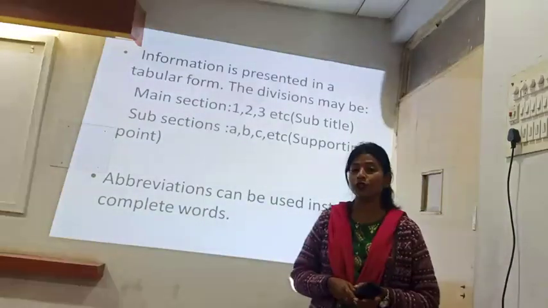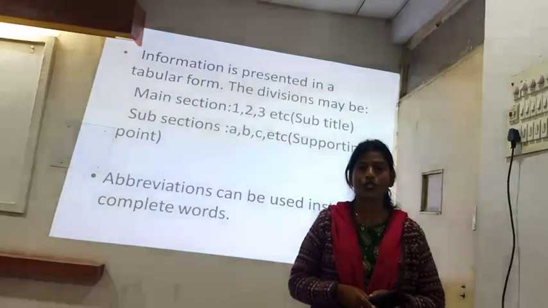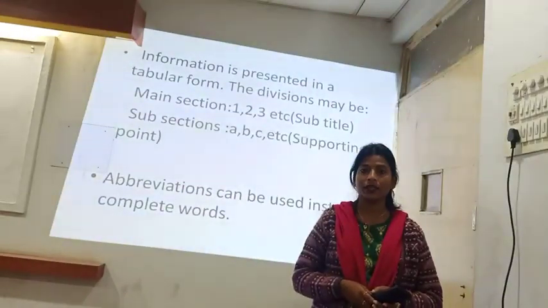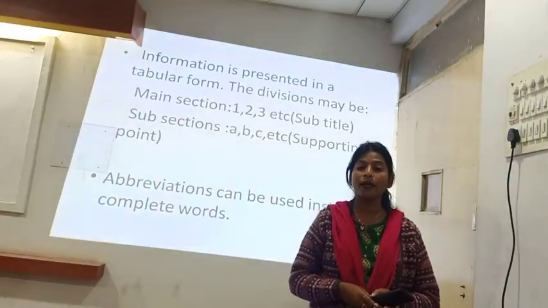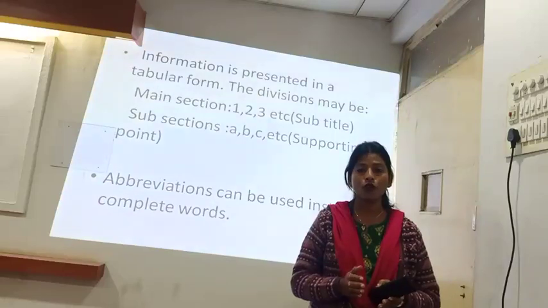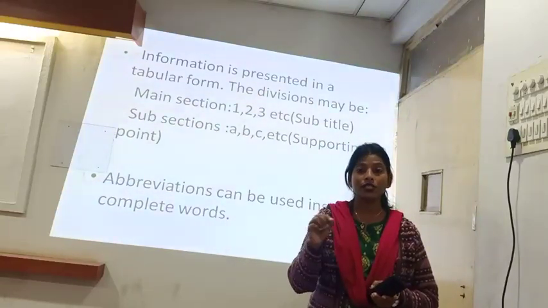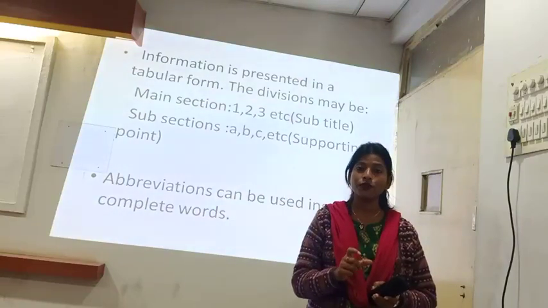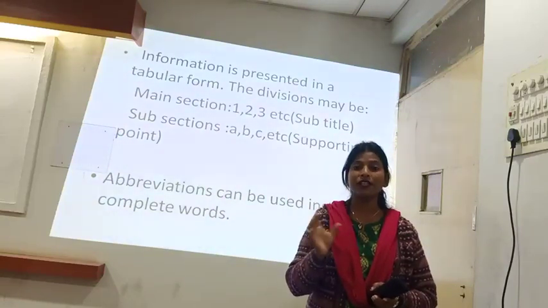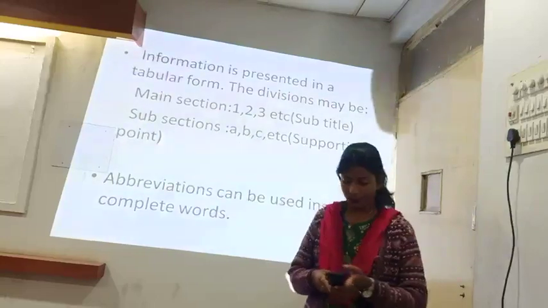Next is abbreviation. You can use abbreviations in your note making, right? You can use short forms, and if you are using short forms or abbreviations, again you have to make a column suggesting what short form you have used and what is the complete form of that word, right?